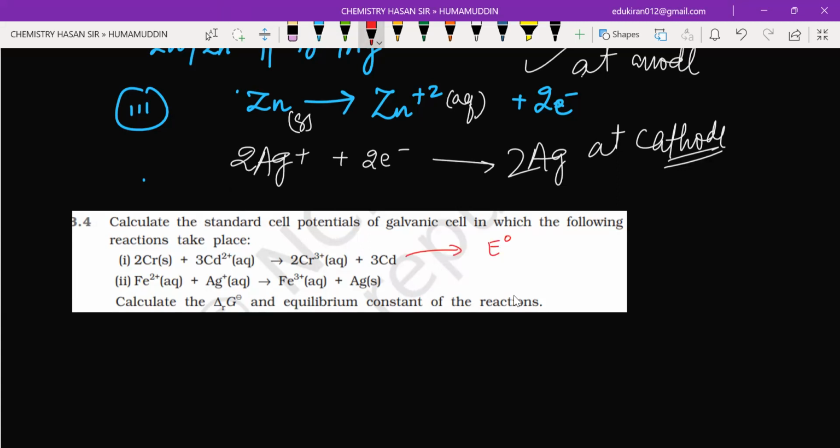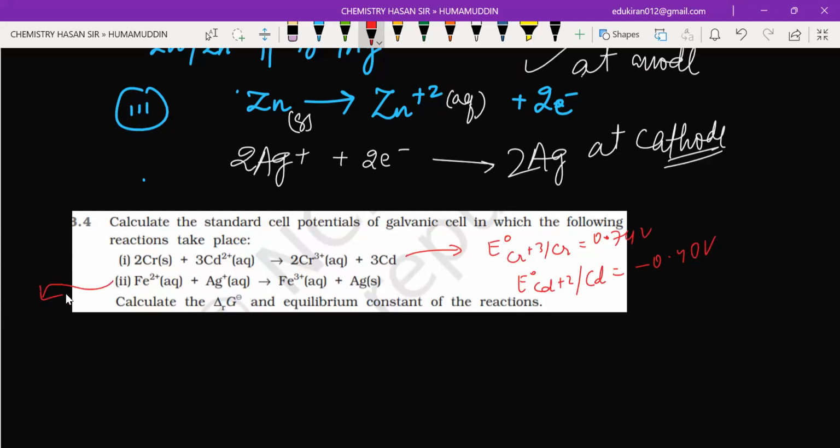First reaction, E naught Cr plus 3 slash Cr is 0.74 volt. And E naught Cd plus 2 slash Cd is given as minus 0.40 volt.